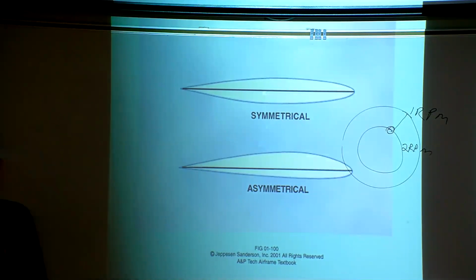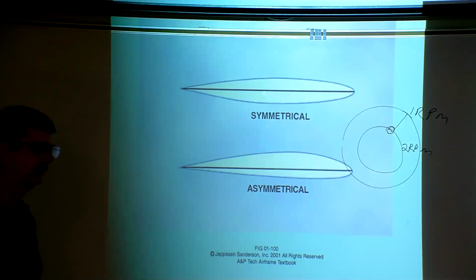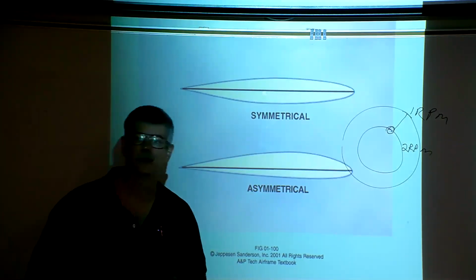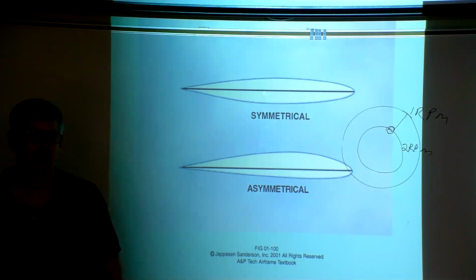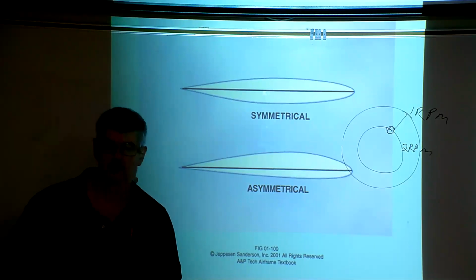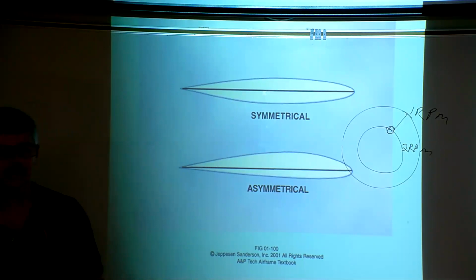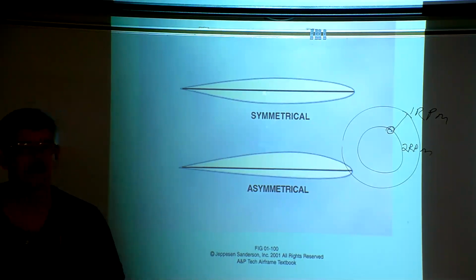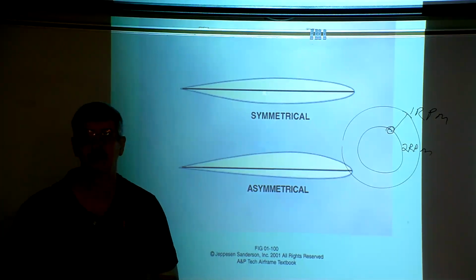Next, we talked about density altitude. The density altitude is the density of the air at any given altitude. As we go up in the air, we have to understand that the density decreases.